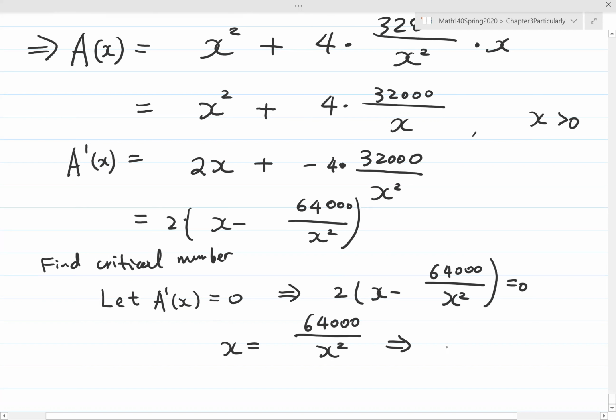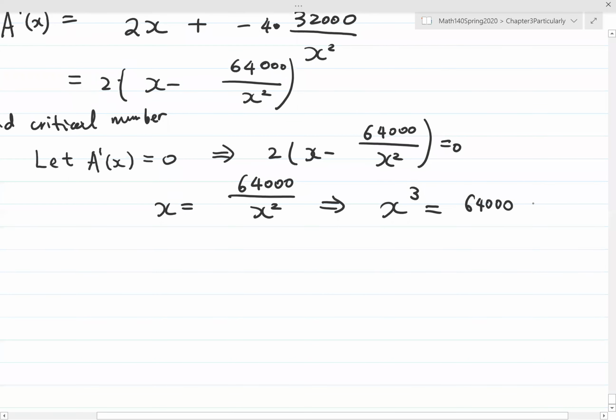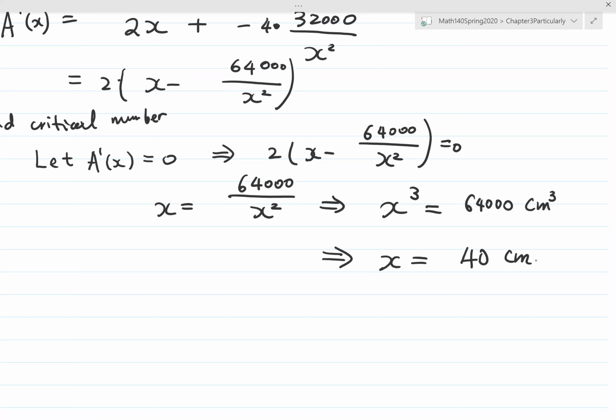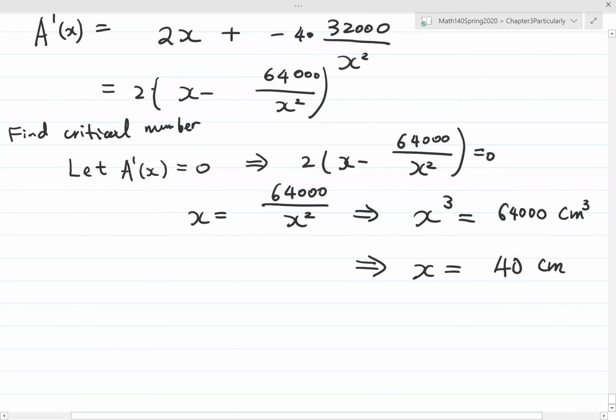Multiply both sides by x squared, then we get x cubed is 64,000. The unit is centimeter cubed. Now take the cubic root: 4 cubed gives you 64, so x will be 40. Taking the cubic root of centimeter cubed, we get 40 centimeter. So x should be 40 centimeter.